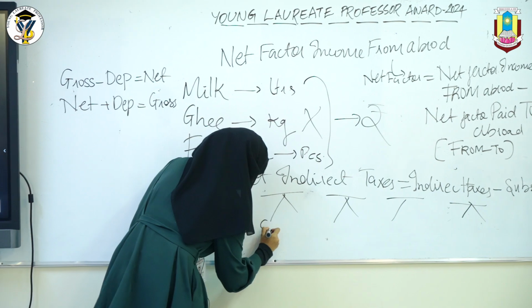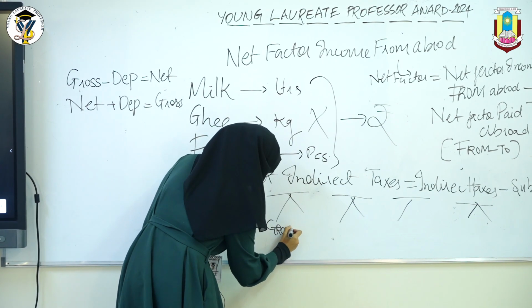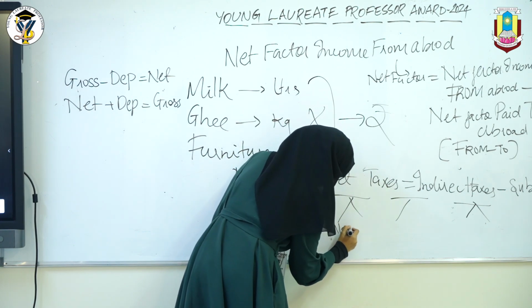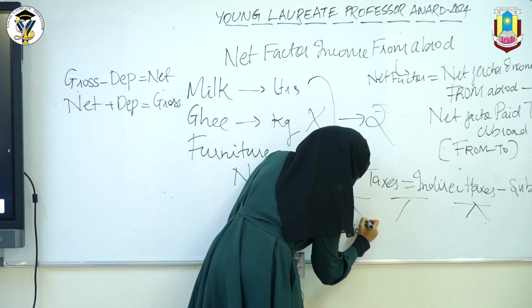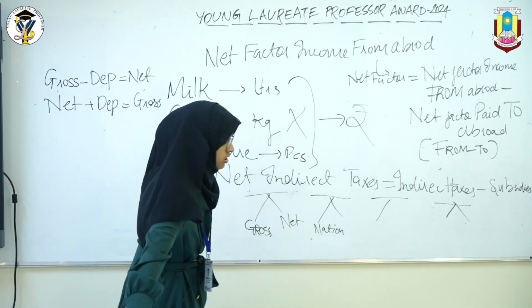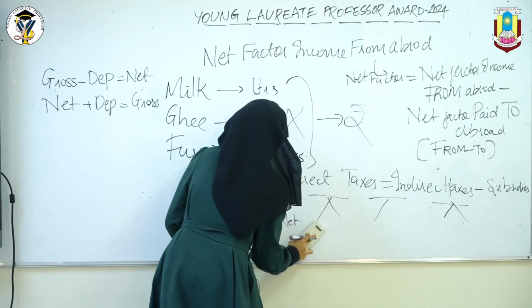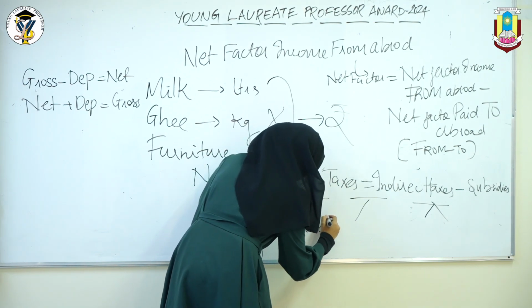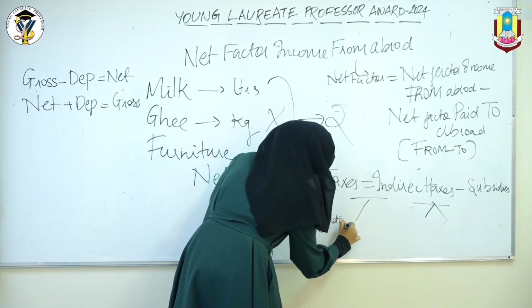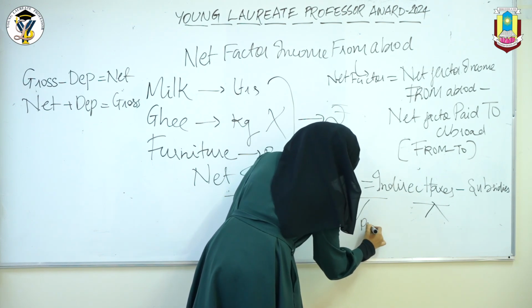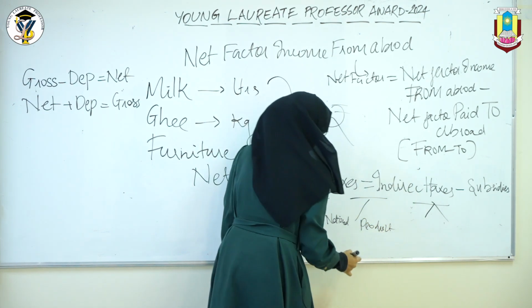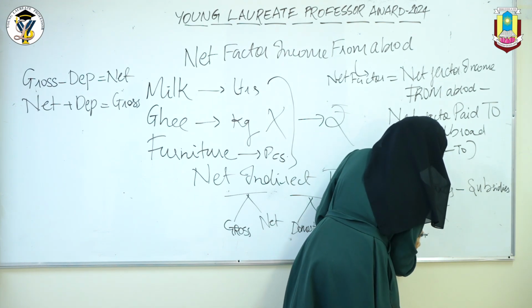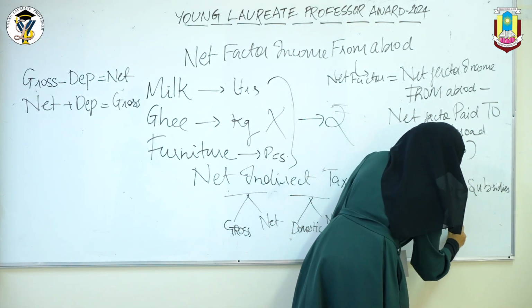We studied gross first, net, national, domestic. Sorry, I will just add domestic, then national, product, market price, factor cost and market price.